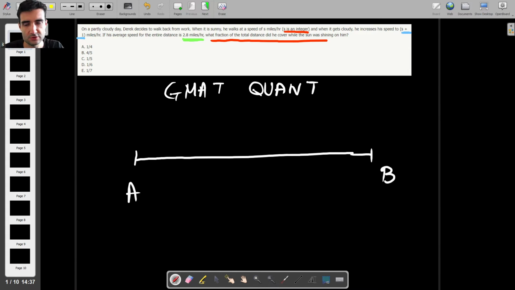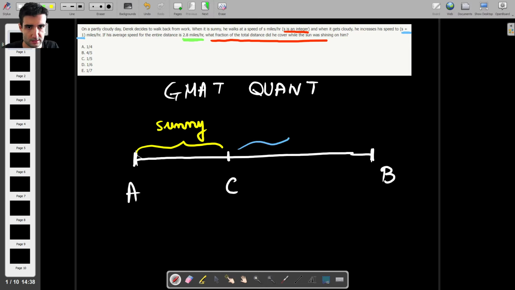So let's try it this way. Let's say that the total distance traveled is from A to B, and let's say there's a point C somewhere in between, such that from A to C it's sunny, and from C to B it's cloudy.